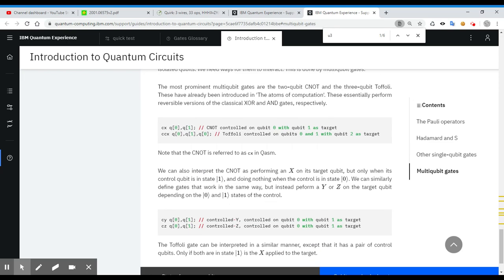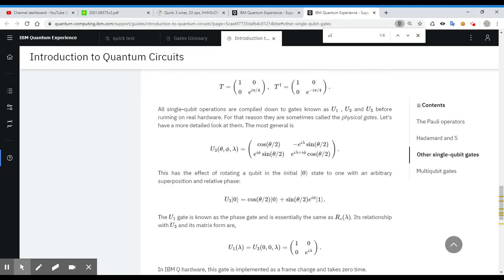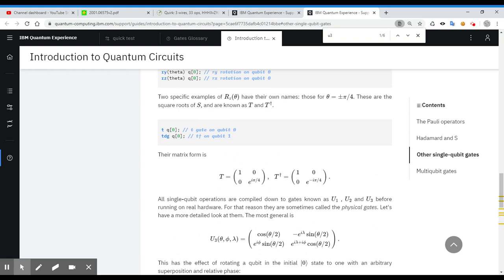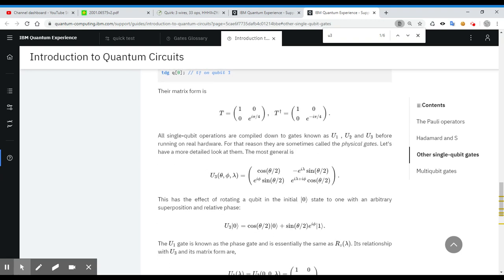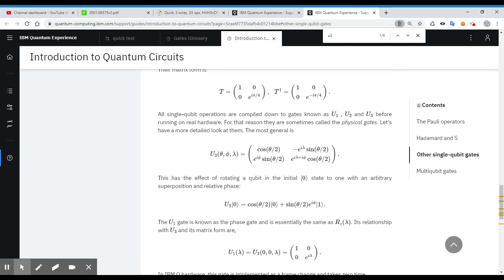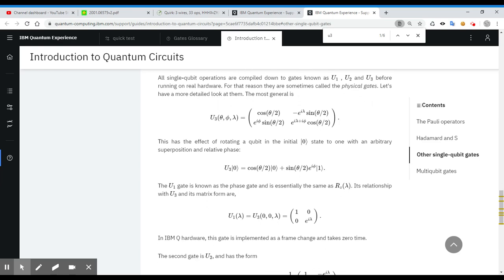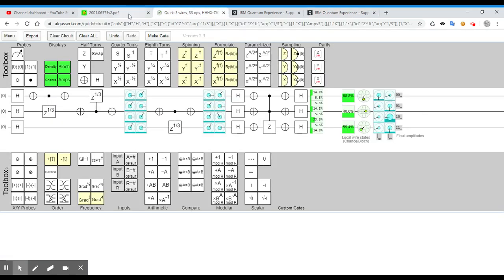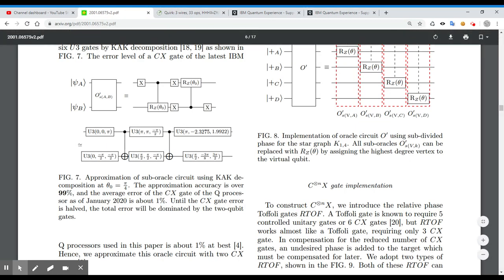I'm just confused. I'm just lost. I used to know better how to navigate this page, but okay. So this seems to approximate, this must approximate a NOT gate. U3 0 0 pi.